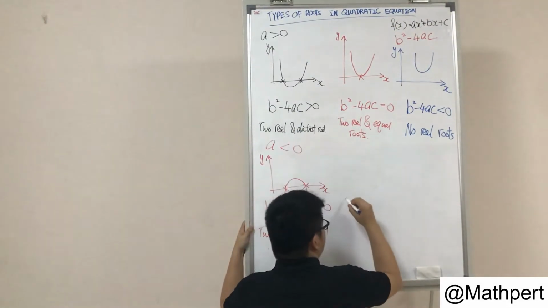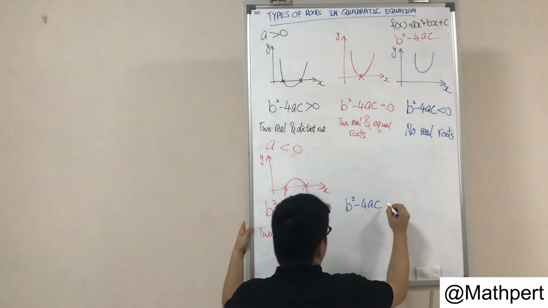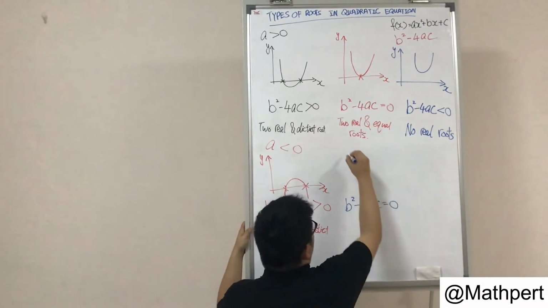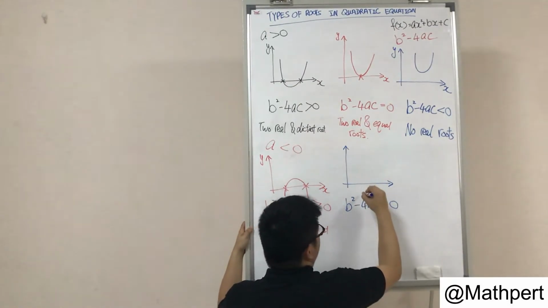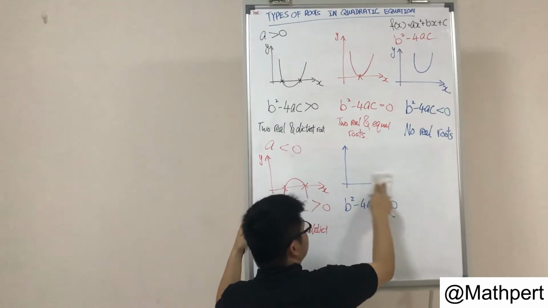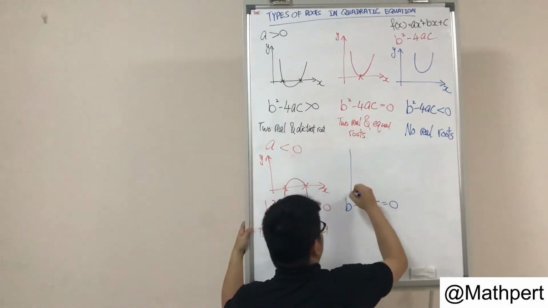And when b squared minus 4ac is equal to 0, the graph will be like this.